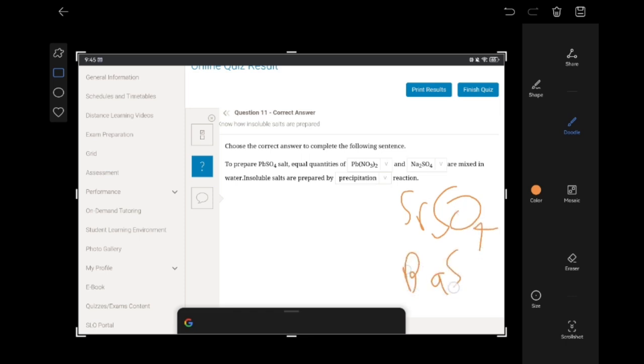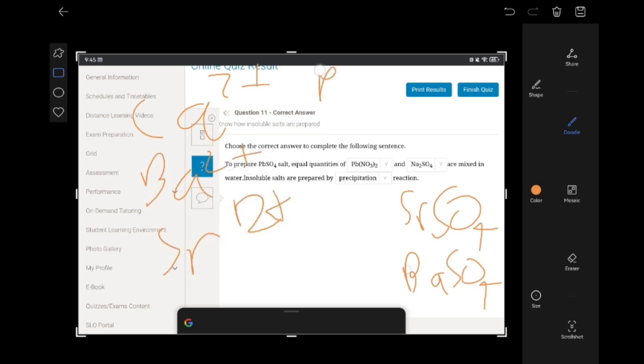The reason that doesn't work, again, Ca2+, Ba2+, Sr2+, Pb2+. You want two soluble things. So to get PbSO4, this one has to have SO4 and it has to be soluble, so Na is the only option. One has to have Pb and it has to be soluble. This one's the only option. So insoluble salts are prepared by precipitation.